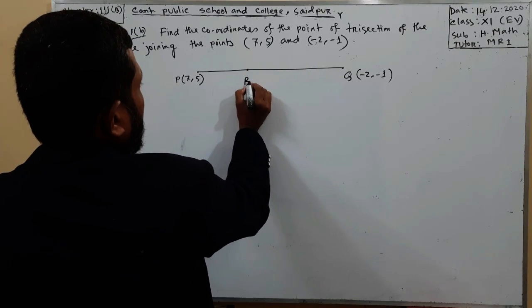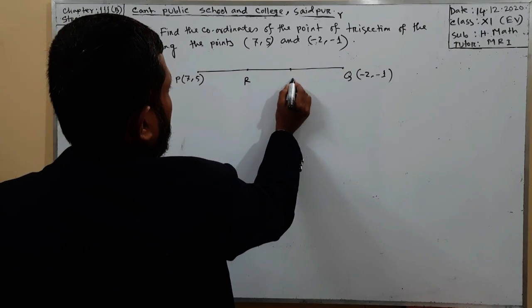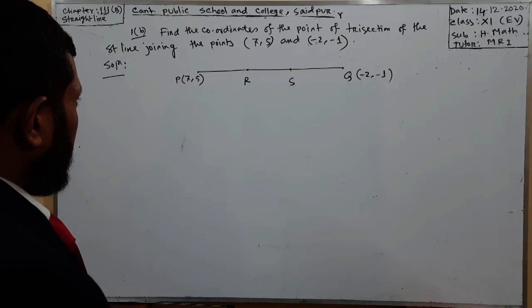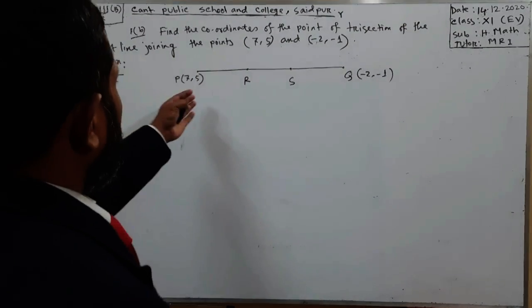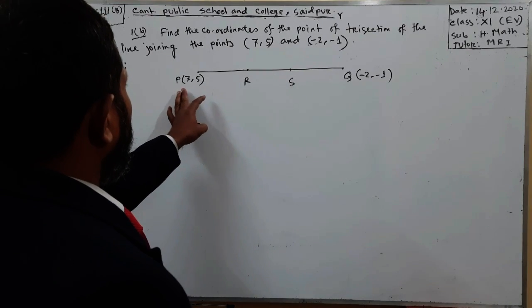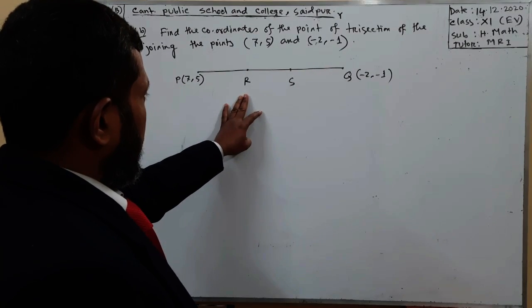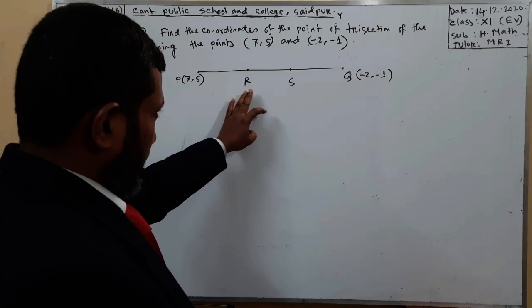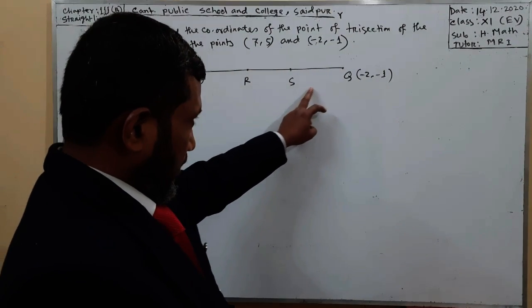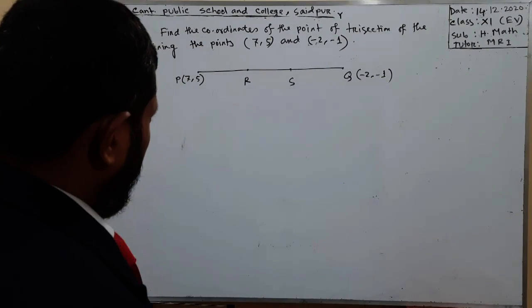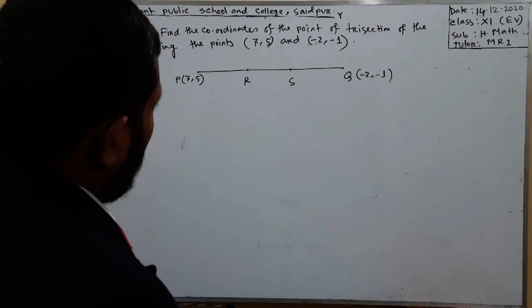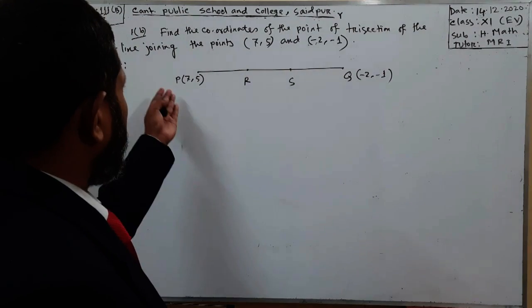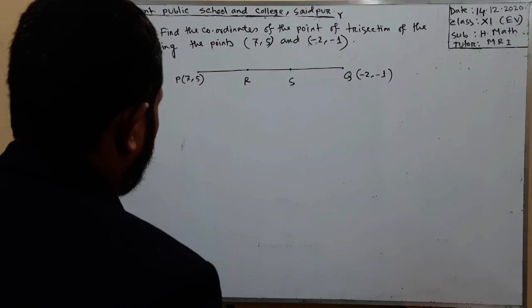Here R and S are two points. The length of PR is equal to RS is equal to QS. That is, the points R and S trisect the straight line PQ.